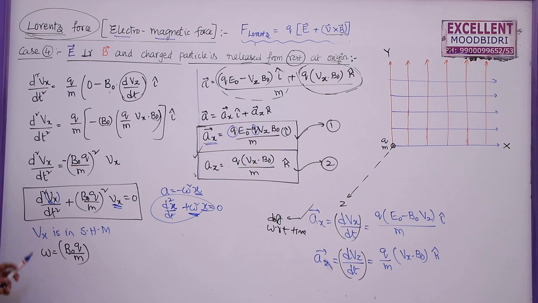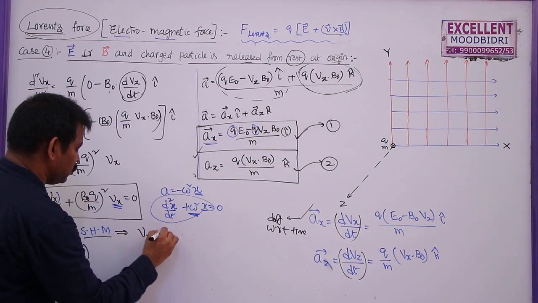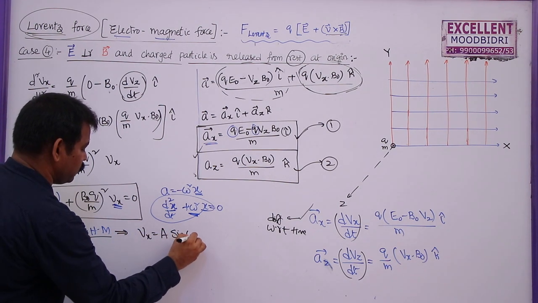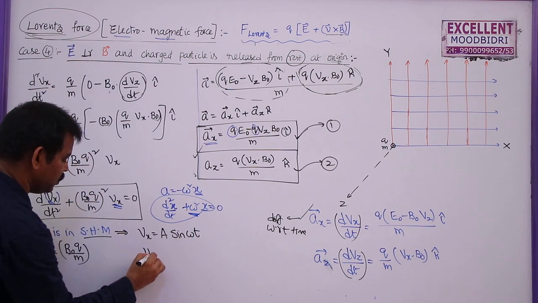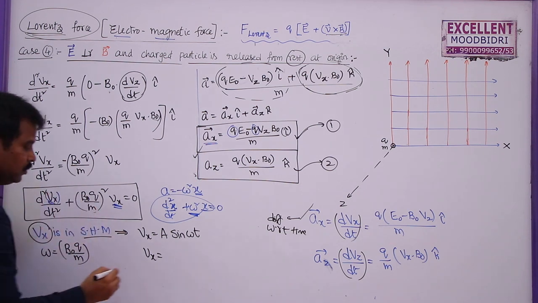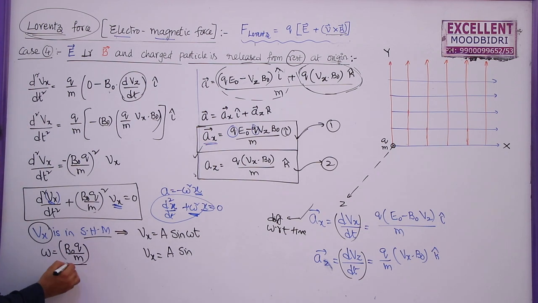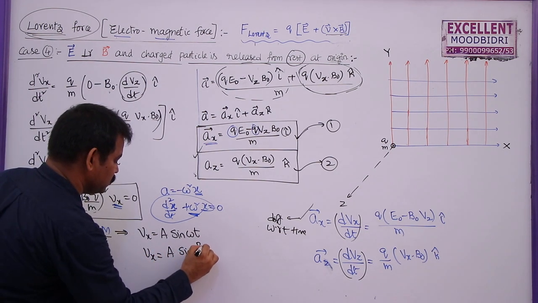That means for any quantity in simple harmonic motion, the expression is x is equal to a sin omega t. Here also you can write vx is equal to a sin omega t, because vx is in simple harmonic motion from this equation. So a into sin omega t, where omega is B naught q by m, so this is B naught q by m into t.